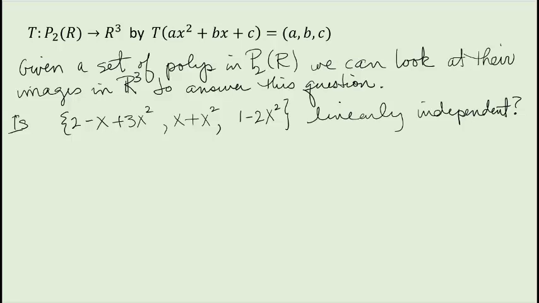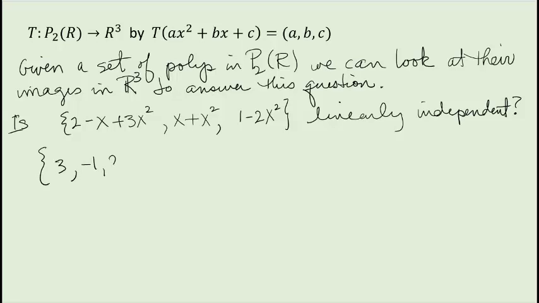Well, you could do it the way that we have been doing it and set up a linear equation, picking a coefficient a, b, and c, equating the coefficients, and making a matrix, row reducing it, and see if they are linearly independent. But since we have this one-to-one onto mapping, we could also just look at this set.